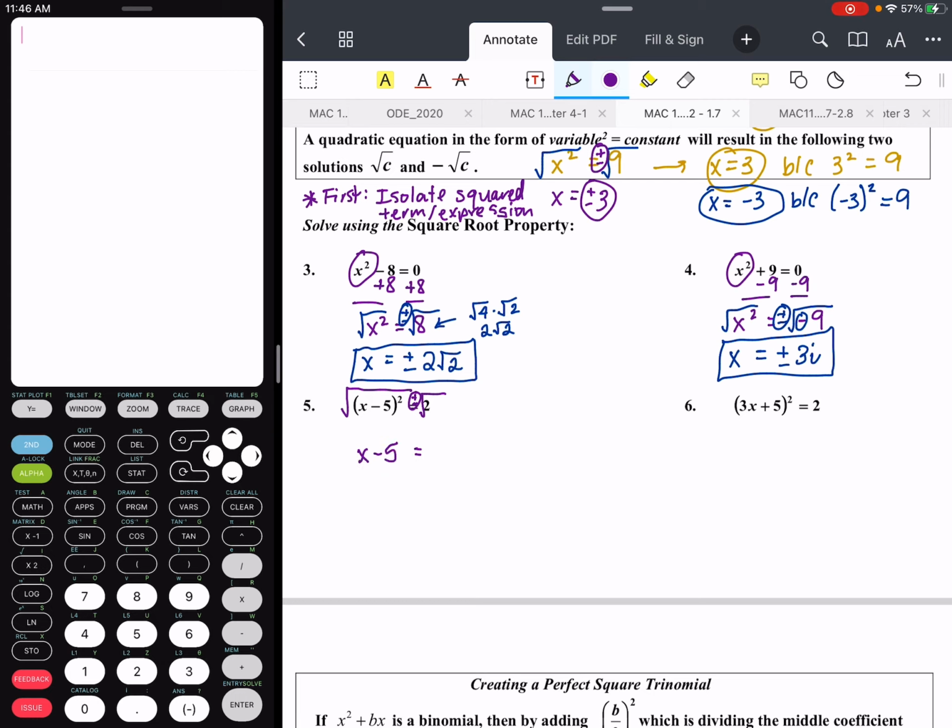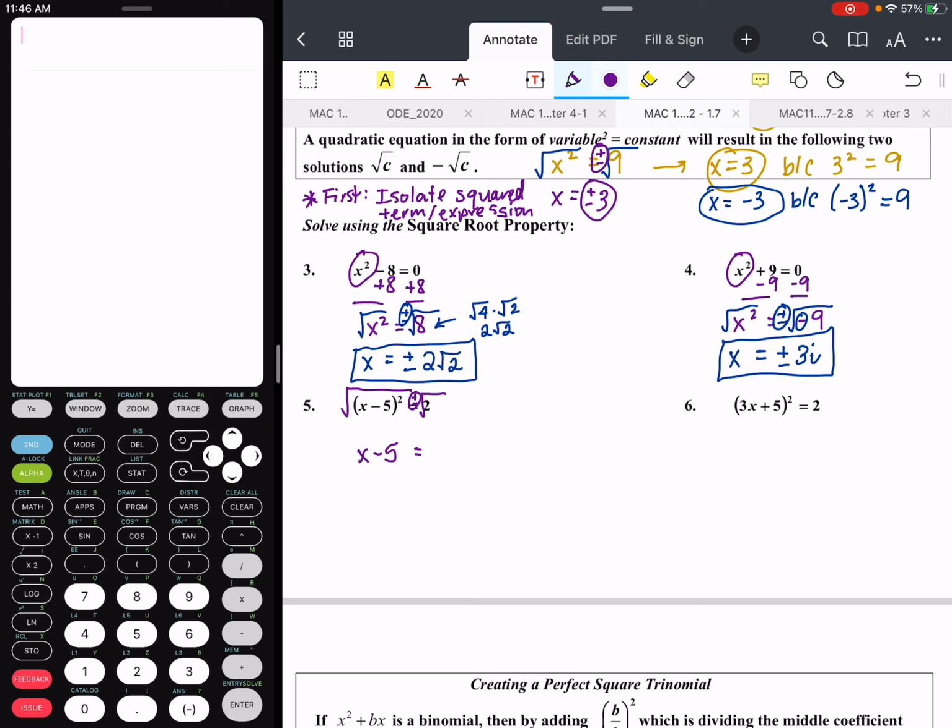And on the right-hand side, I still have that plus or minus square root of 2. But I want to solve this for x, not for x minus 5. So I'm going to go one more step and add 5 to both sides. So this gives me x equals 5 plus or minus square root of 2.